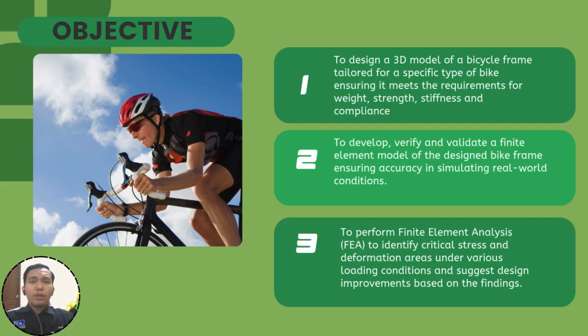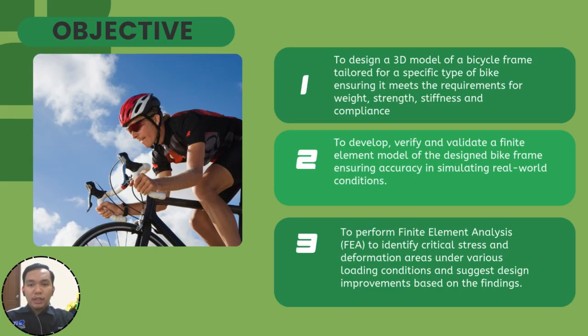So we move on to the objectives of our project. We have identified and listed three objectives that we aim to achieve at the end of our project. The first one is to design a 3D model of a bicycle frame tailored for a specific type of bike, ensuring it meets the requirements for weight, strength, stiffness, and compliance.